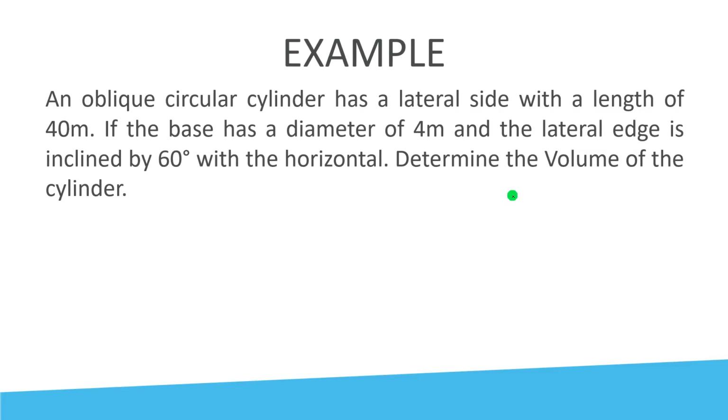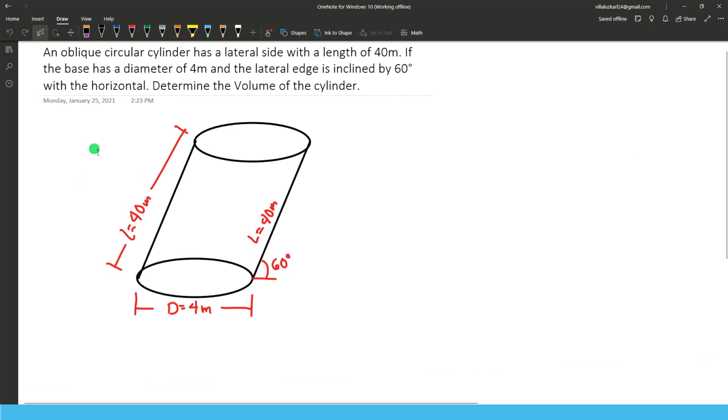So in this problem, we have a lateral edge inclined by 60 degrees, which means it is an oblique cylinder. So let's draw that. Okay, so here's the figure for this problem.